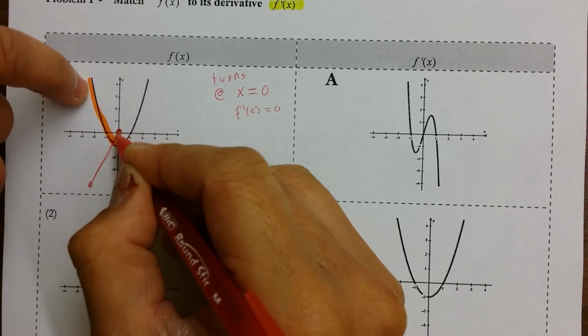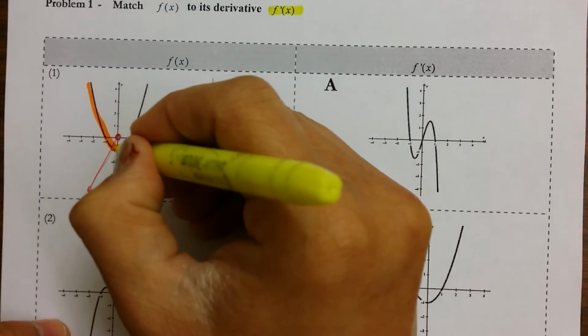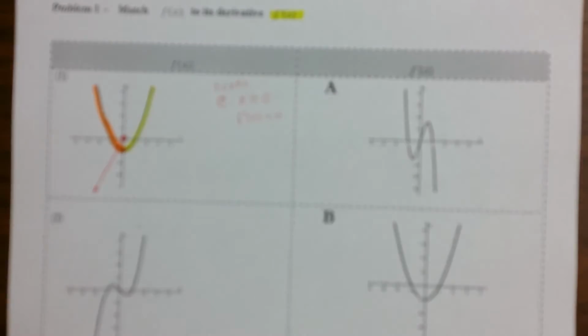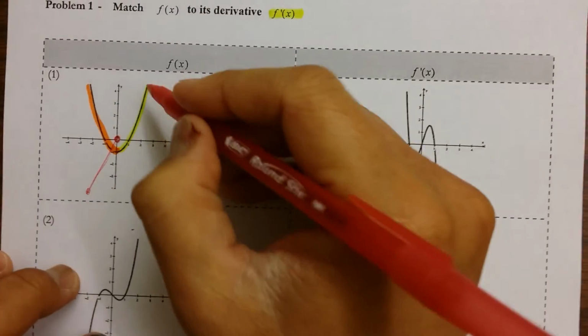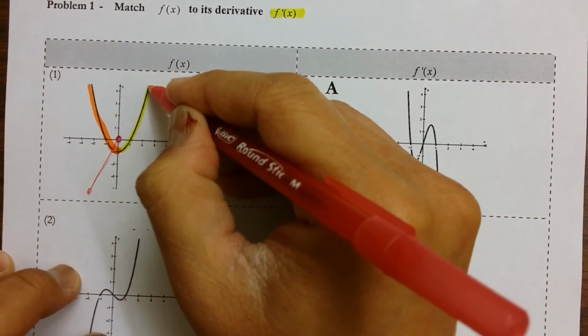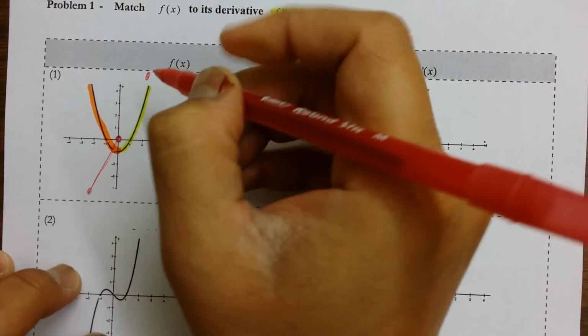So on this portion, this is the graph of the derivative. And as you can see, on this portion, the slope is going to be positive, right? At 2, it's going to be a big positive. So maybe start, I don't know, right up here for really big.